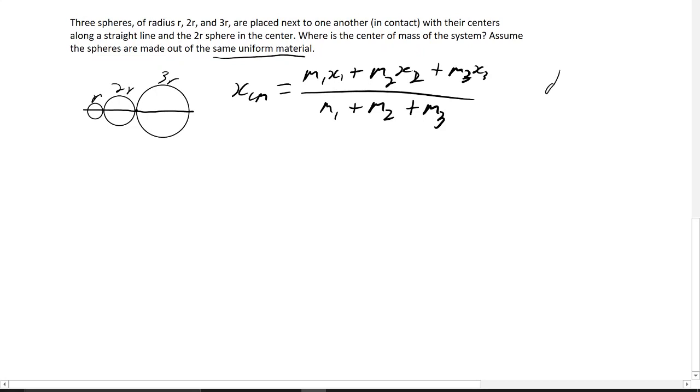And if you didn't know, density is mass over volume. So if we want to find mass, we know that it's density times volume. So since the density of all three are the same, we can substitute it in.